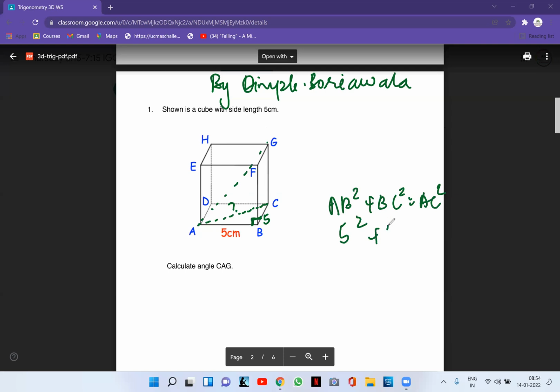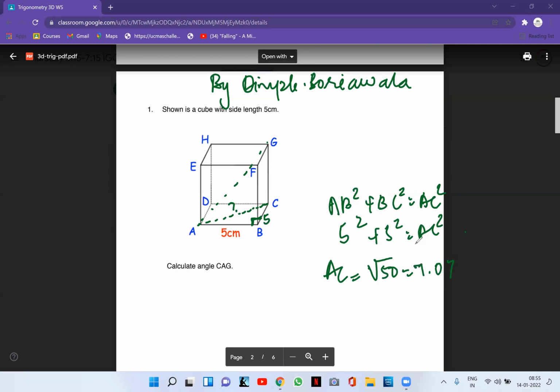So 5 square plus 5 square is equal to AC square. So what will be AC? 25 plus 25 is 50, so AC is equal to root 50, which is equal to 7.07. On the calculator, you will straight away get that.